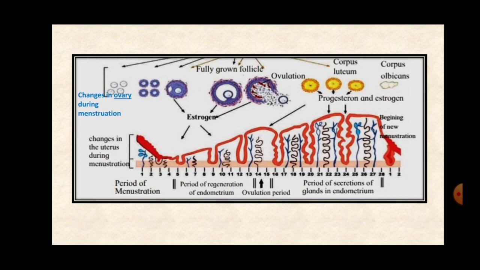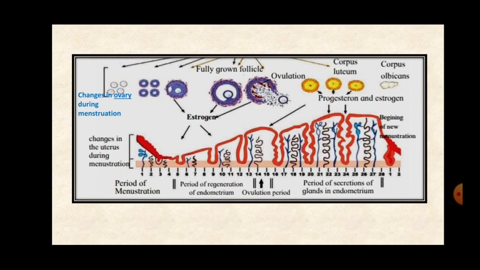First, you can see changes in the ovary during menstruation. What all changes take place in the ovary is given on the top, and below it are given the changes in the uterus during menstruation. What happens in the uterus is below, and what happens in the ovary is above.